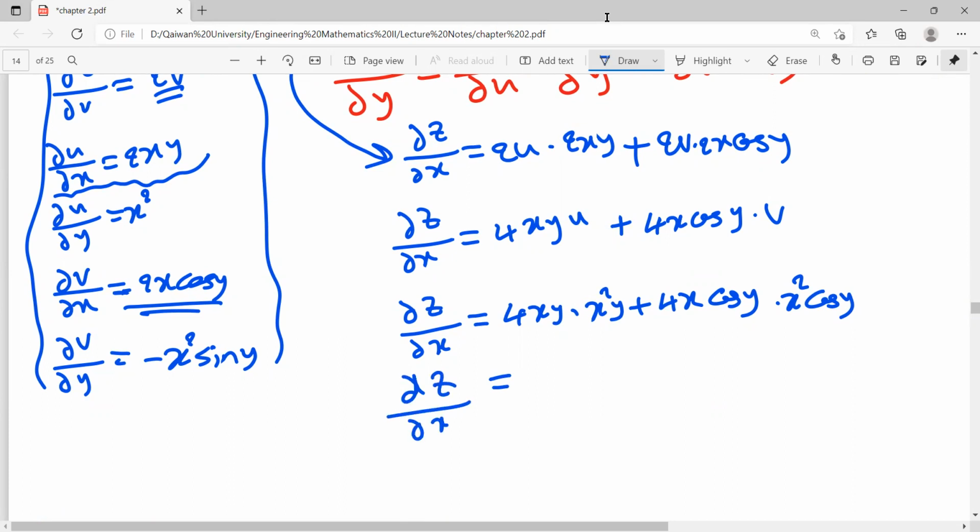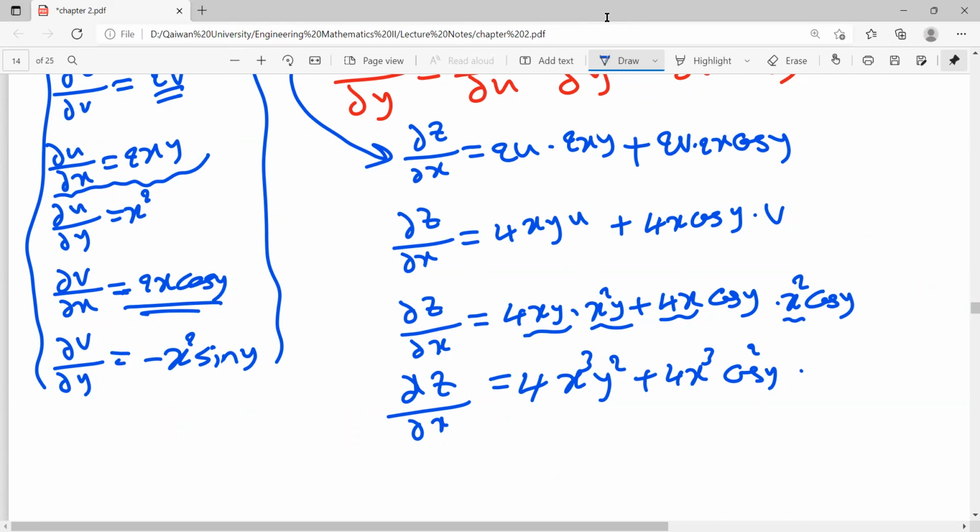Here we multiply these, we get 4x cubed y squared. Then plus 4x times x squared is 4x cubed, cosine y times cosine y, cosine squared of y. This is the result. This is partial z by partial x.